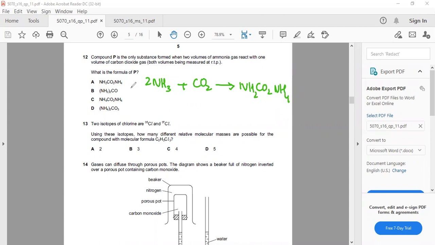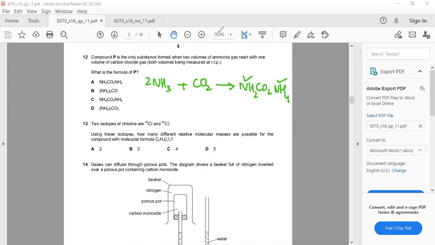Check two nitrogen, one nitrogen, one nitrogen. Two threes are six. P is formed only when two mole volume of ammonia gas reacts with one volume of carbon dioxide. So check which one is correct.